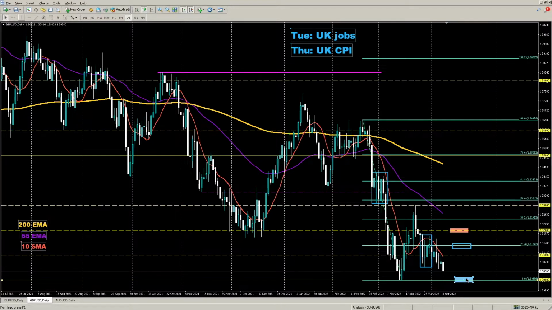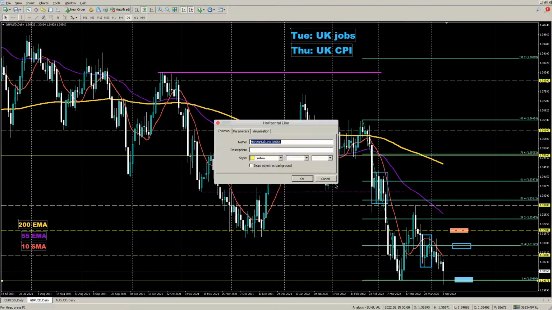This is still the support level here, and also aligned with this 130 round figure.